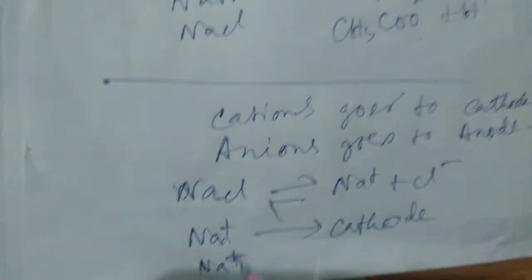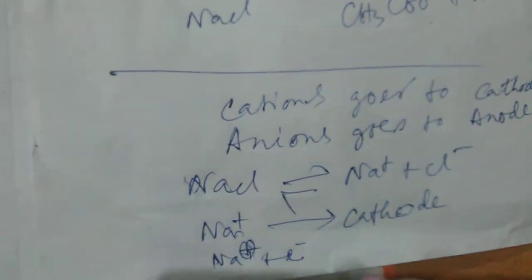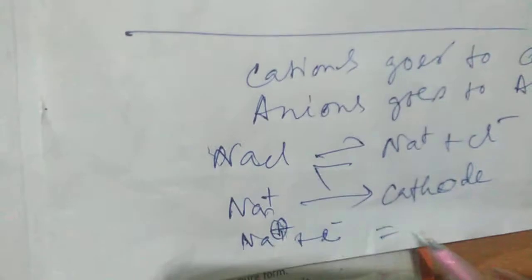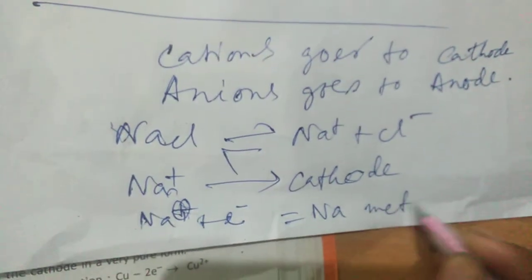So Na+ will accept electrons from the cathodic plate and will produce Na metal. So what we will see practically is Na metal deposited on the cathode.